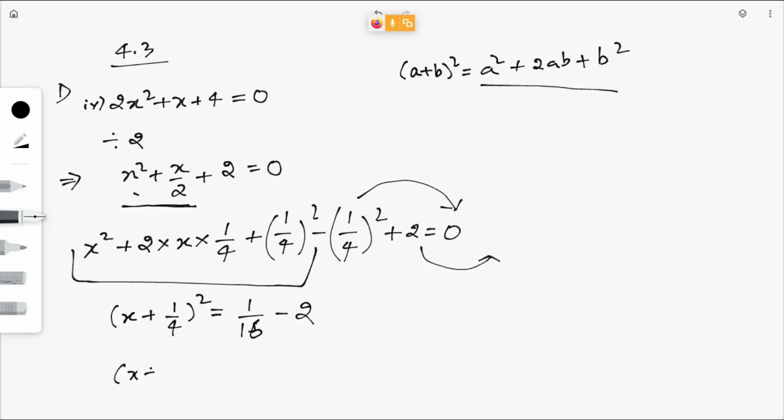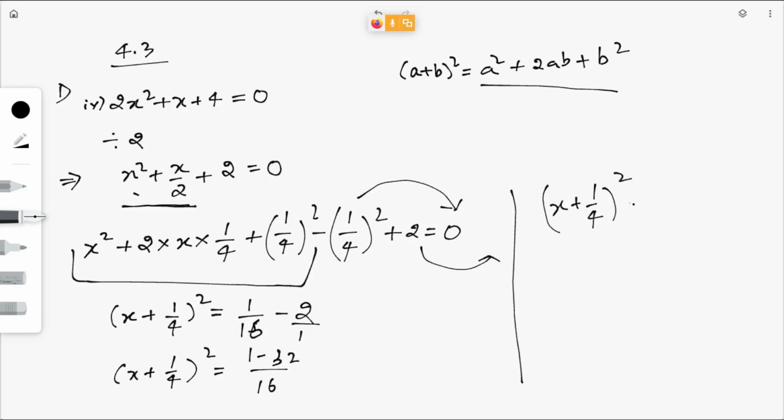What is the next step? x plus 1/4 whole square is equal to 1 minus 32 over 16, which is minus 31/16. So now x plus 1/4 is equal to the root of minus 31/16, right?